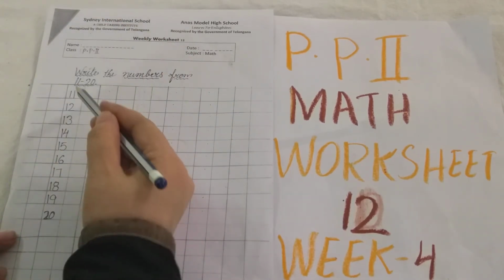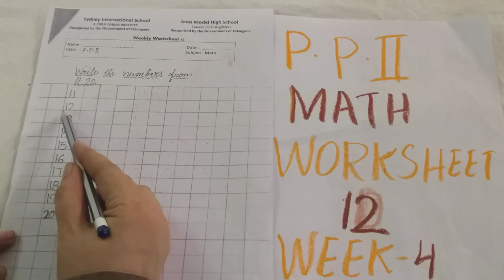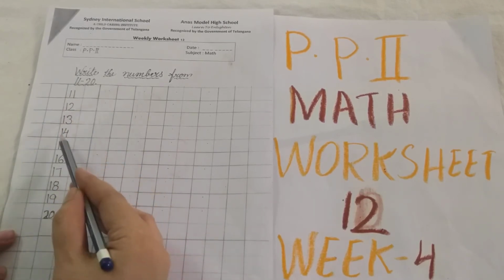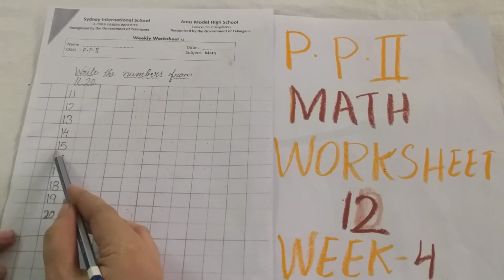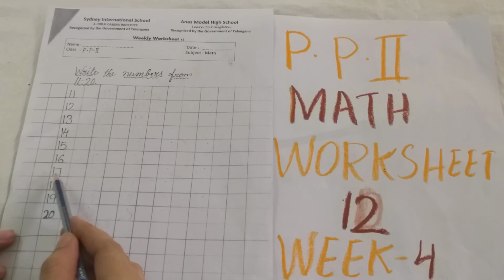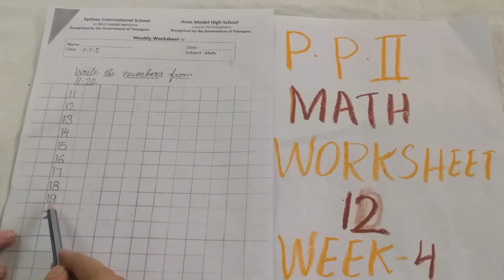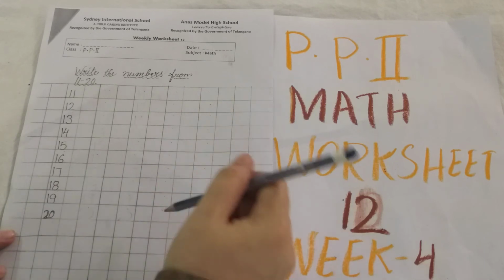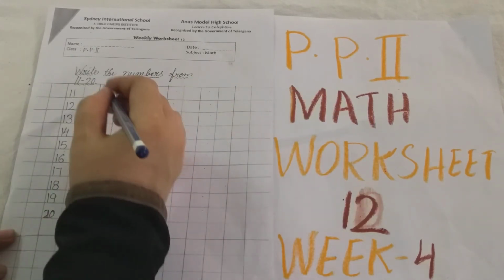First read the numbers. 1, 1, 11. 1, 2, 12. 1, 3, 13. 1, 4, 14. 1, 5, 15. 1, 6, 16. 1, 7, 17. 1, 8, 18. 1, 9, 19. 2, 0, 20. Same numbers you have to write here in the boxes.